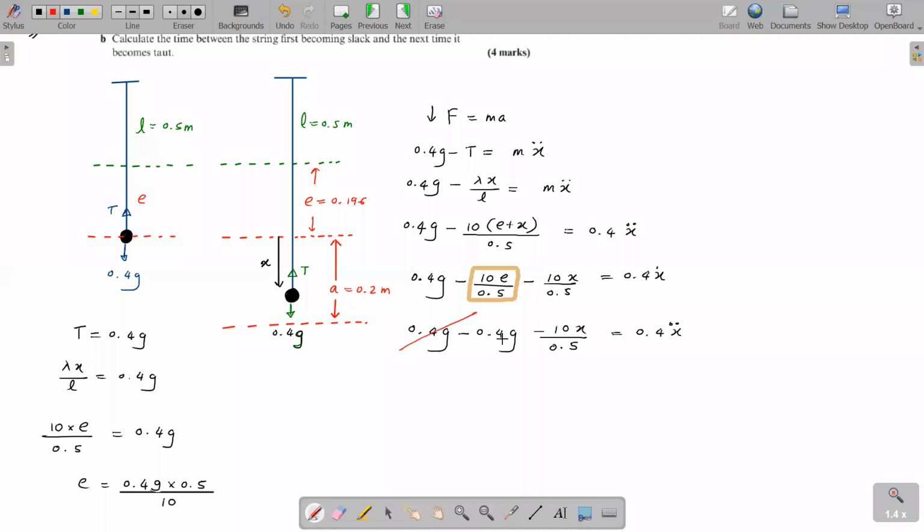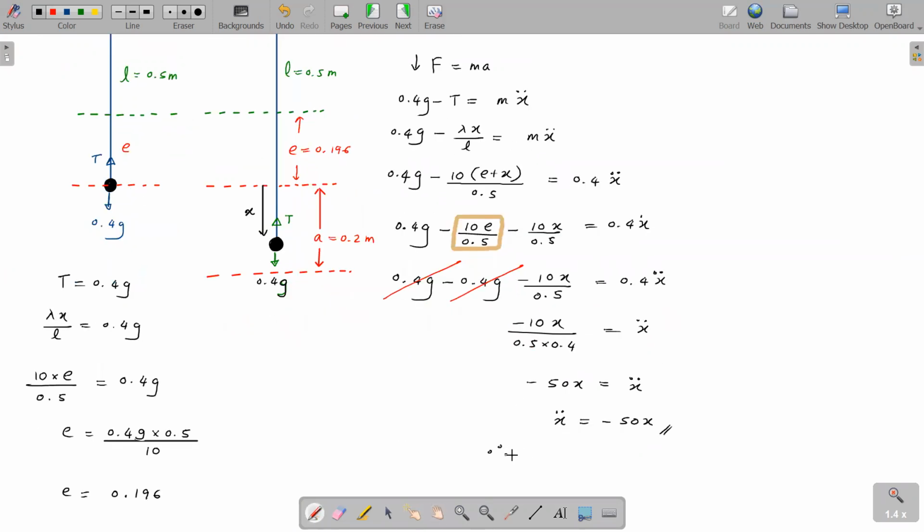The 0.4 g terms cancel out. Minus 10x over 0.5 into 0.4 equals x double dot. How much is the x double dot value here? Minus 50x. So x double dot equals minus 50x. So this is the equation, and therefore the particle moves in SHM.